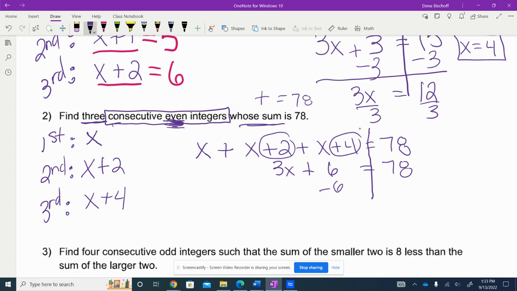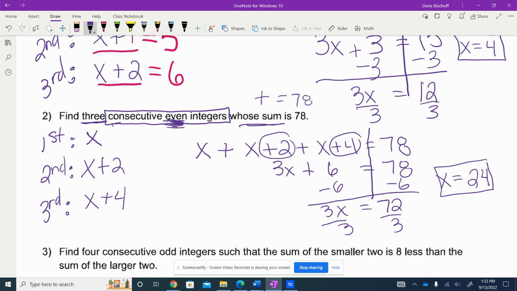Minus 6, minus 6. 3x equals 72. Divide both sides by 3, and I find out that x equals, go ahead, Tyler. I thought it was 78. 78, we subtracted 6. Do you see that step? Subtract 6. I find out that x equals 24.